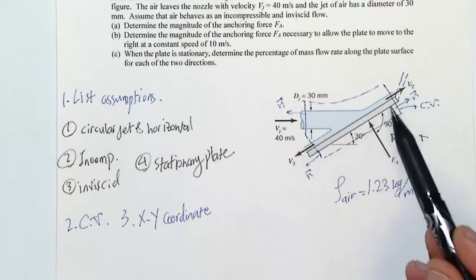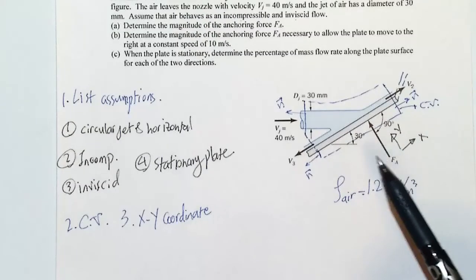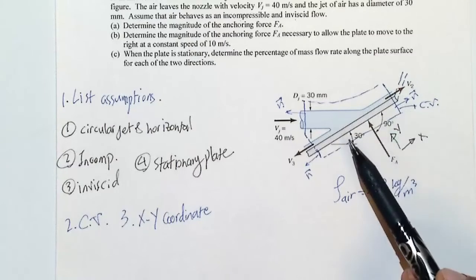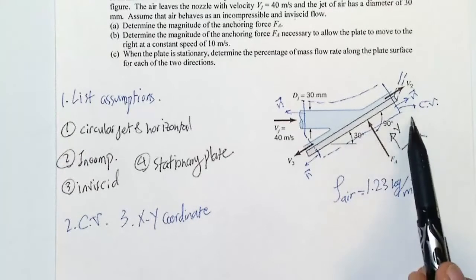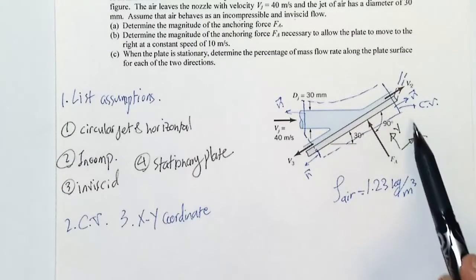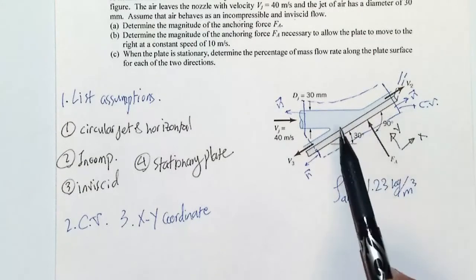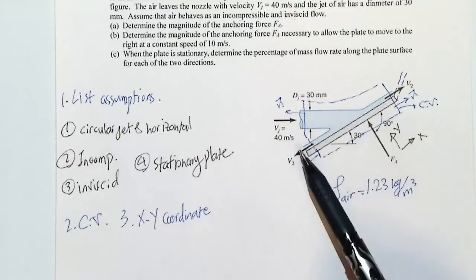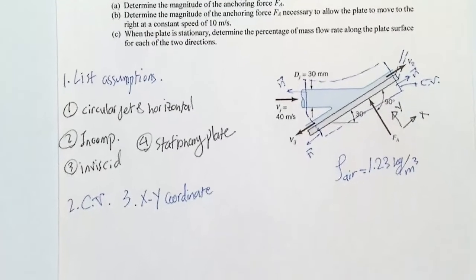Because two of these velocities are going to be in X direction and are not going to show when you are writing the conservation of momentum in Y direction, because they don't have any component in Y. But if you consider X as general horizontal, and Y normal to that, then the components of V2 and V3 are going to show in X and Y. Then it's going to mix up all the equations.